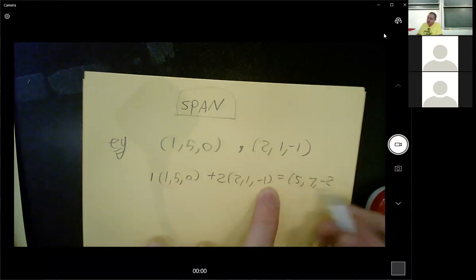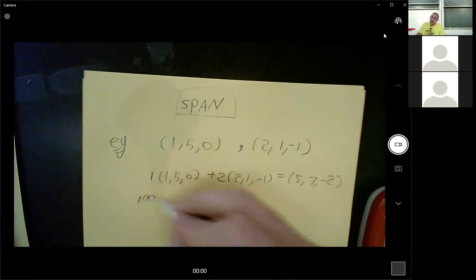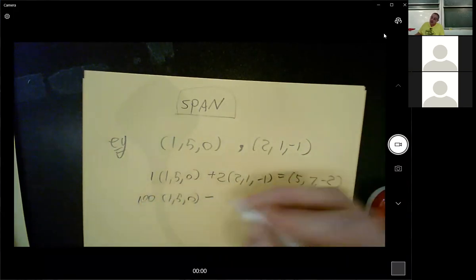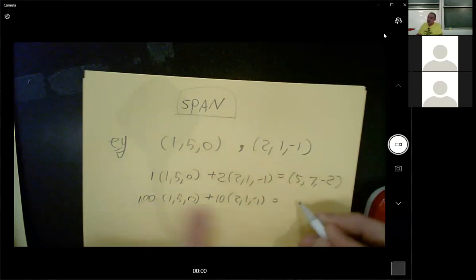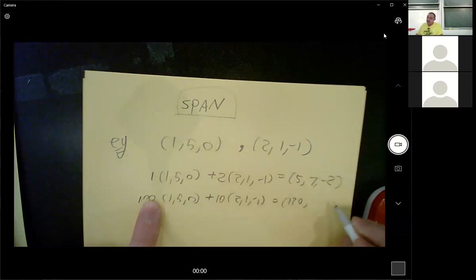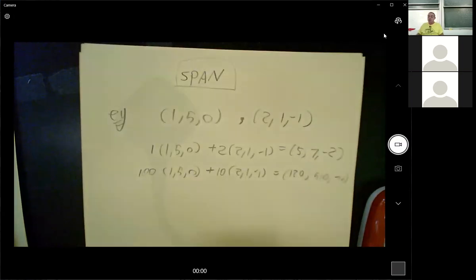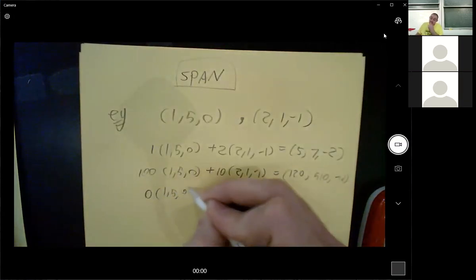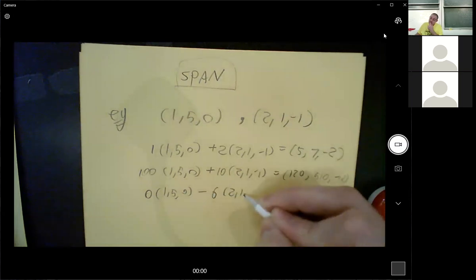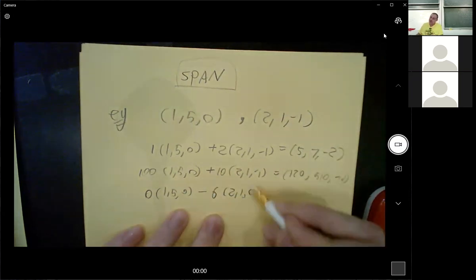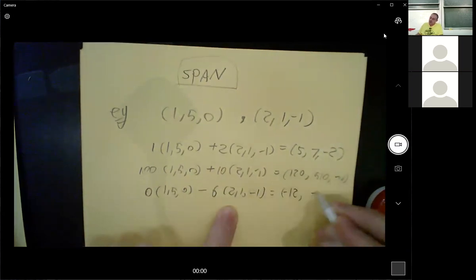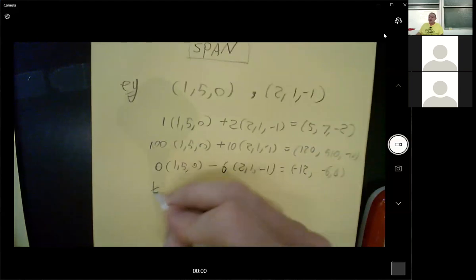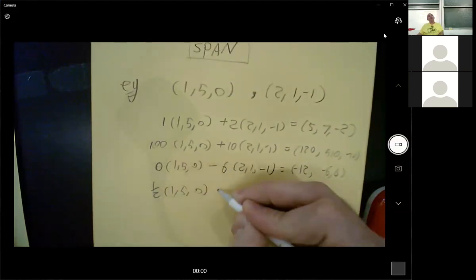And I could do like 100 of this one, and 10 of this one, because that one's easy for me to do. So I'll get 120, 510, and minus 10. And I could do none of this one, and minus 6 of this one. Oops, sorry, I better not change the actual vector. That would be confusing. So I have minus 12, minus 6, 6. And I could do like half of this one. And I could do this as long as I wanted, right?